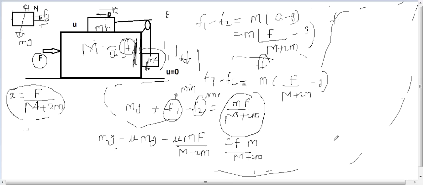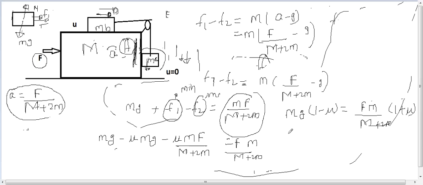Okay guys, if you look at this carefully, we have mg into 1 minus mu, and the other side has f, m divided by m plus 2m, and 1 plus mu.